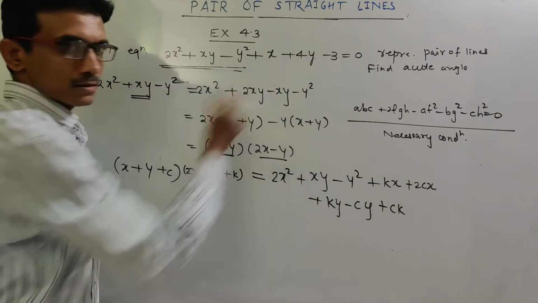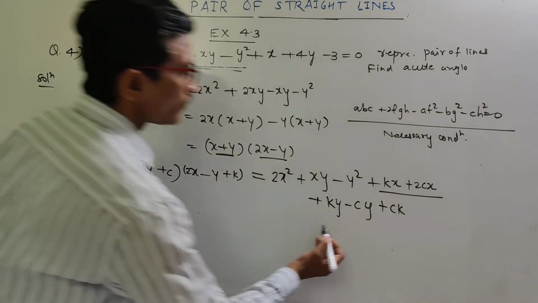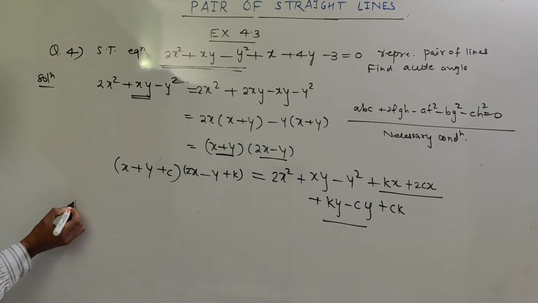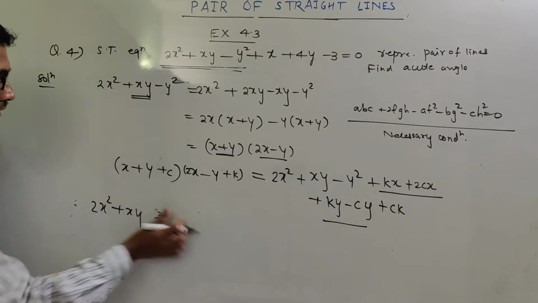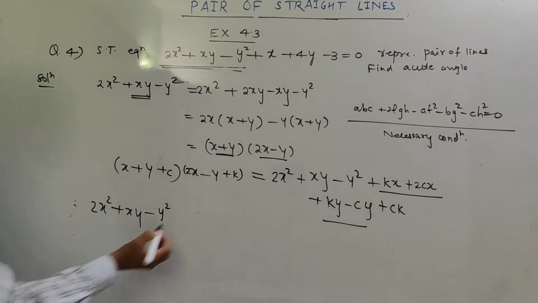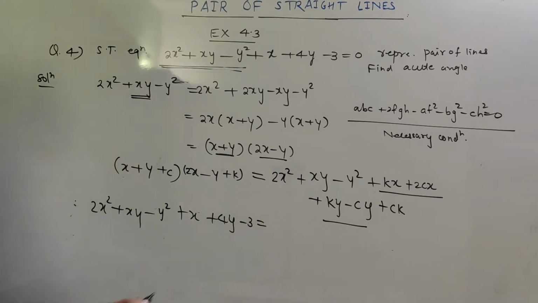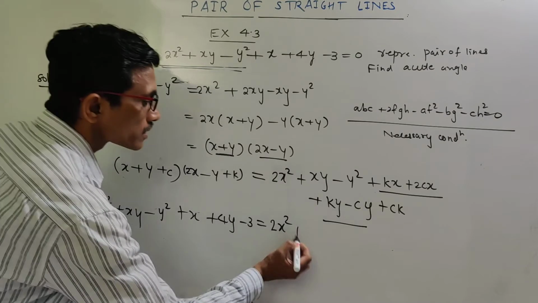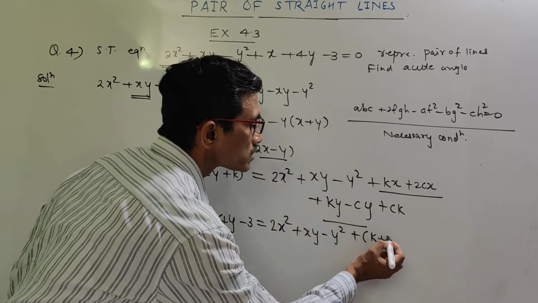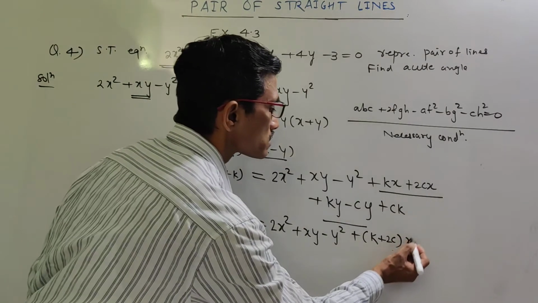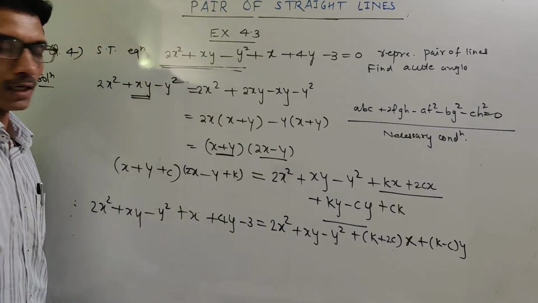But the given equation is this, therefore we can rearrange the terms, taking x common and y common: 2x square plus xy minus y square plus x plus 4y minus 3 is equal to 2x square plus xy minus y square plus (k plus 2c) into x, and here (k minus c) into y, plus ck.